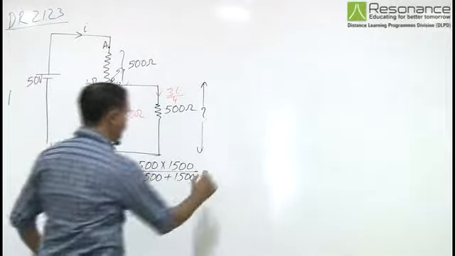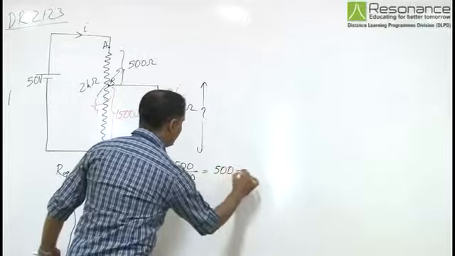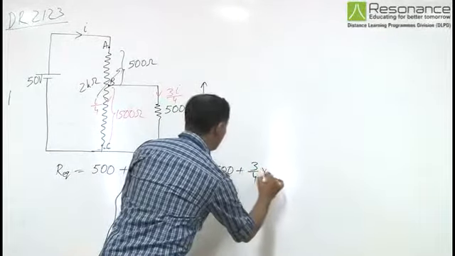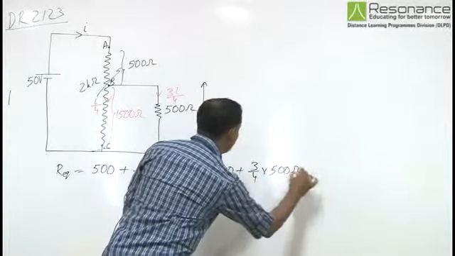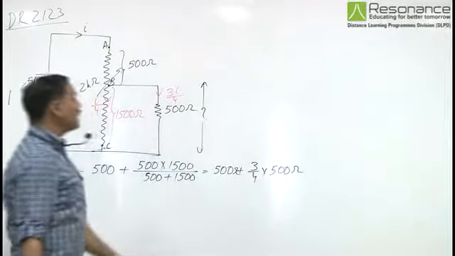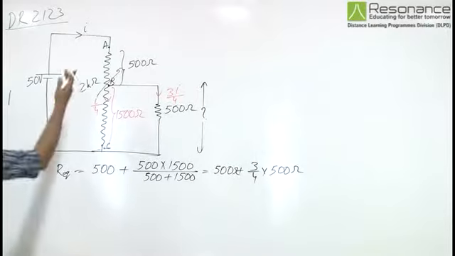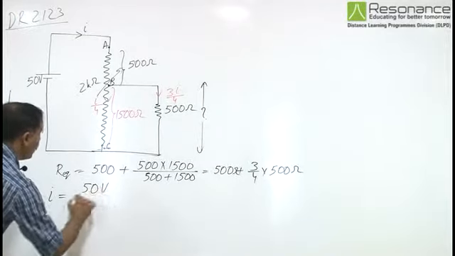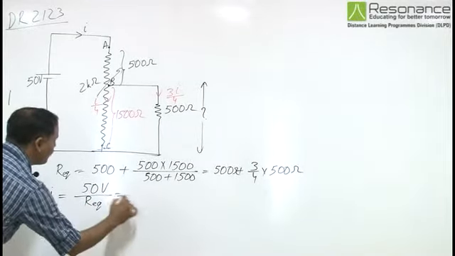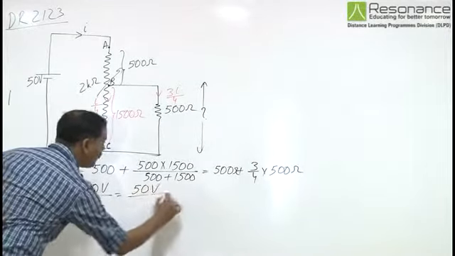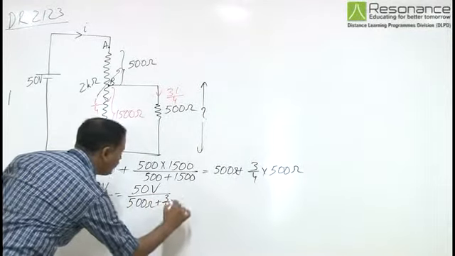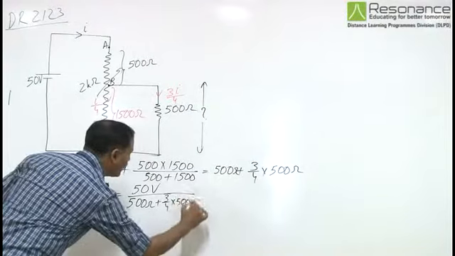So this is equal to 500 plus 3/4 of 500 ohm. So this is the equivalent resistance of the circuit. So current in the circuit I is equal to 50 volt by R equivalent, that is 50 volt upon 500 ohm plus 3/4 of 500 ohm.